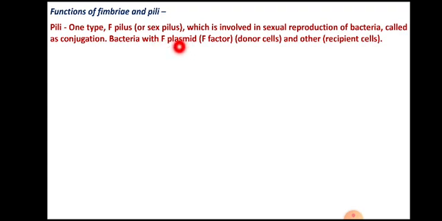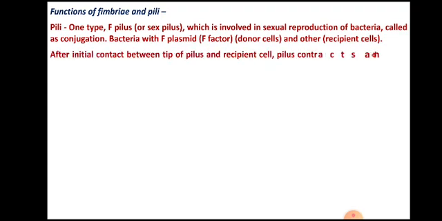This F plasmid or genetic material is present only in the donor bacterial cell, which is then transferred into the other bacterial cell, which is called the recipient cell. The process is called conjugation.